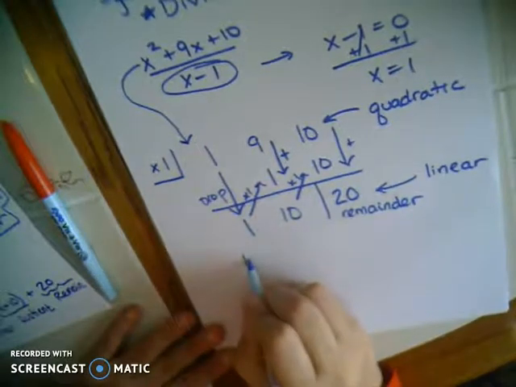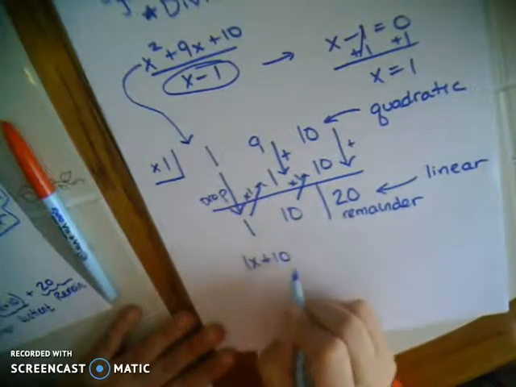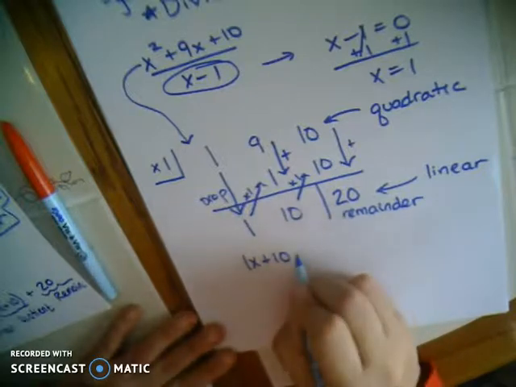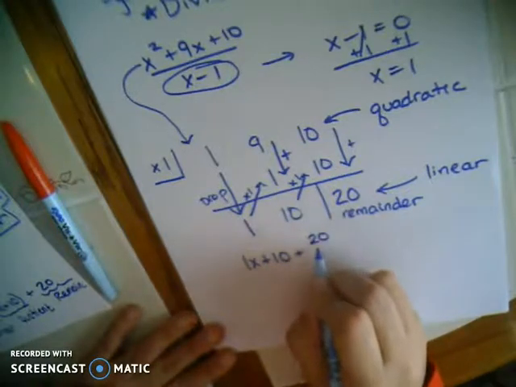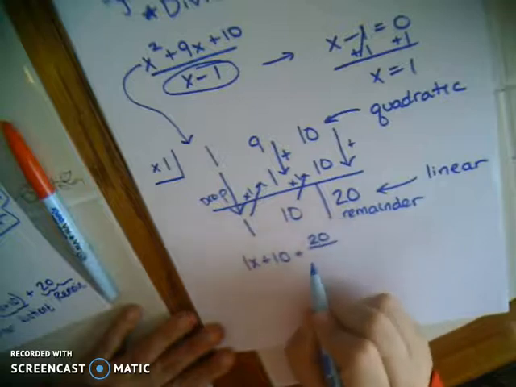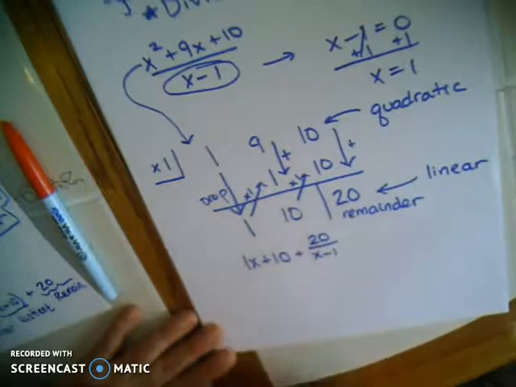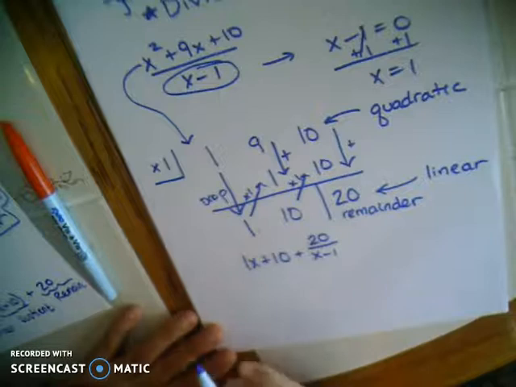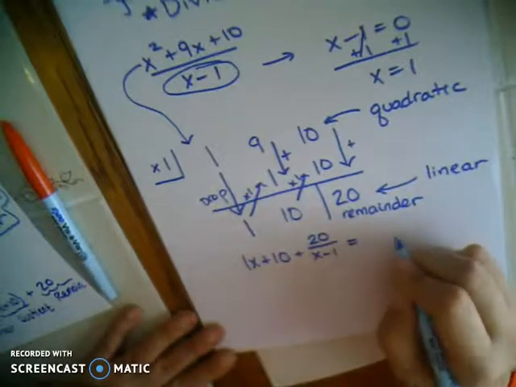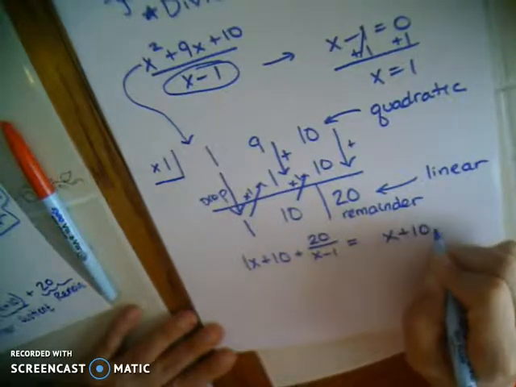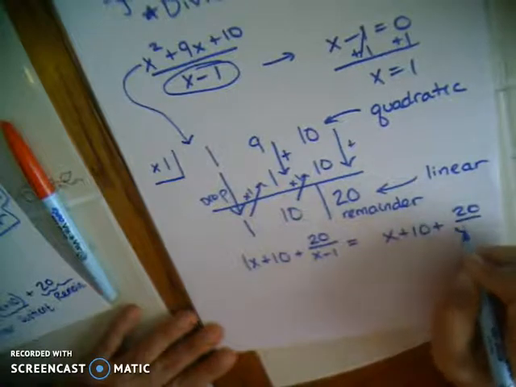So this must be 1x plus 10, and a remainder of 20, we like to write that as a fraction of the remainder over the original divisor. And usually coefficients of 1, we leave those off just to make it simpler. So x plus 10 plus 20 over x minus 1.